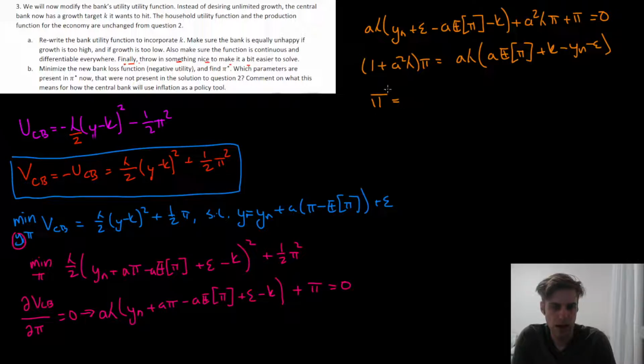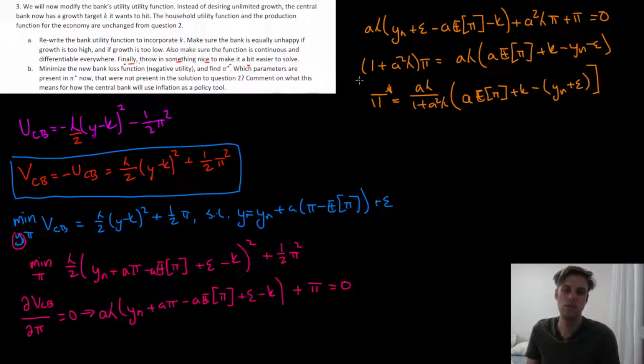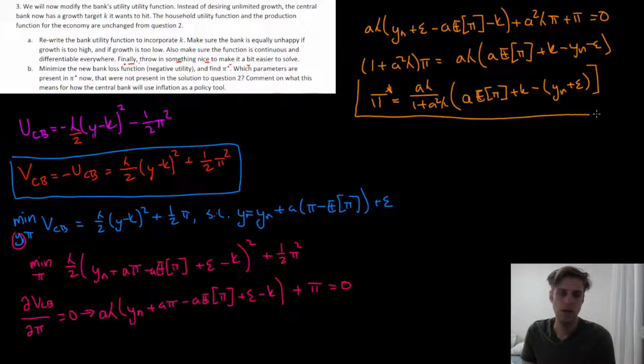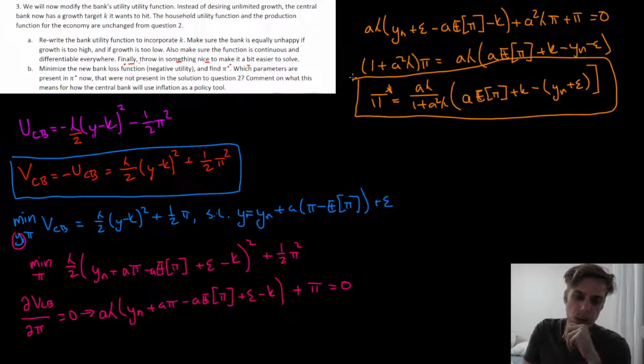So we get pi equals, and this is pi star, because it's the optimum point, a lambda over 1 plus a squared lambda, and then we multiply that by a expected pi plus k minus yn minus epsilon. And there you go. That is our optimum value of inflation.